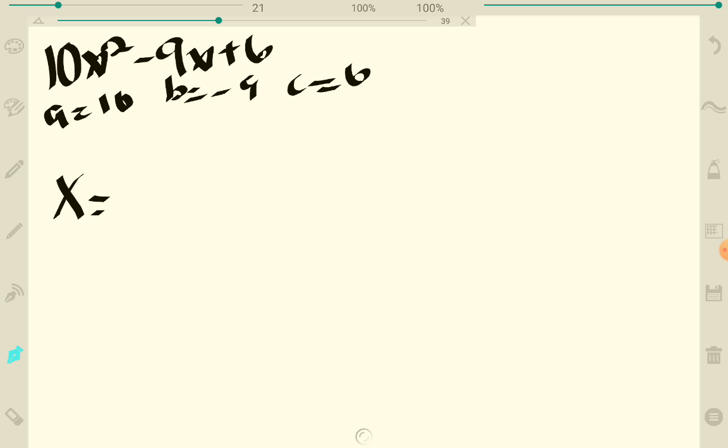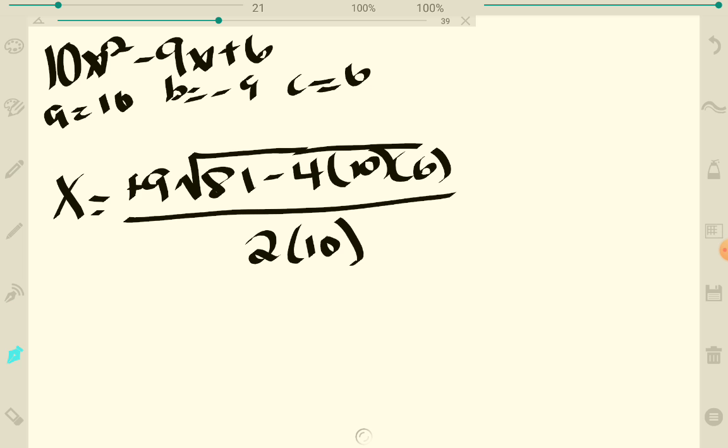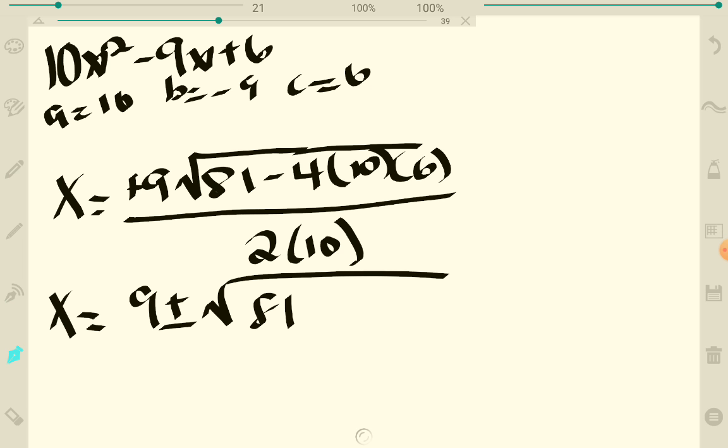So x equals positive 9 plus minus the square root of 81 minus 4 times 10, which is a, times 6, which is c, over 2 times 10. When we do this, we get x equals 9 plus minus the square root of 81 minus 240.